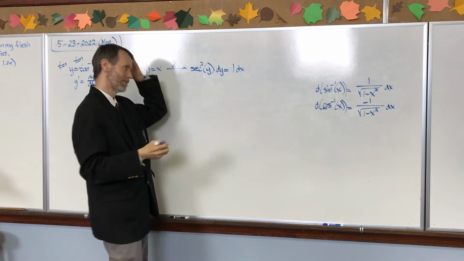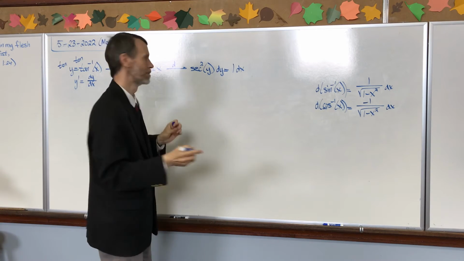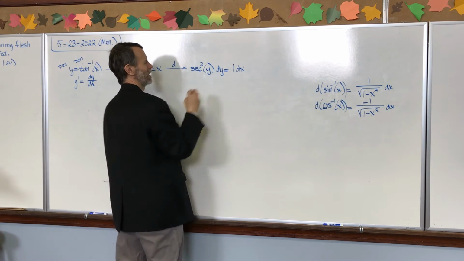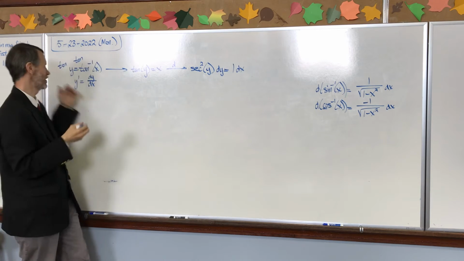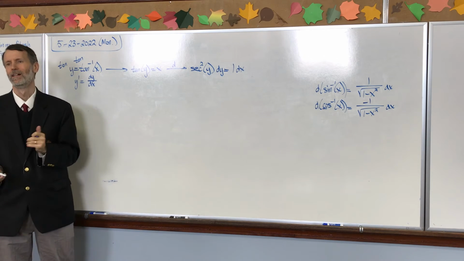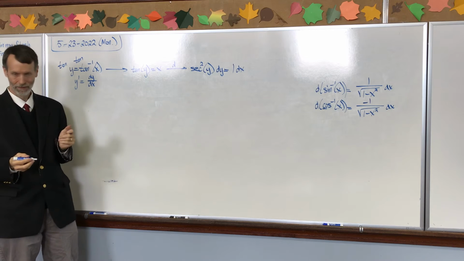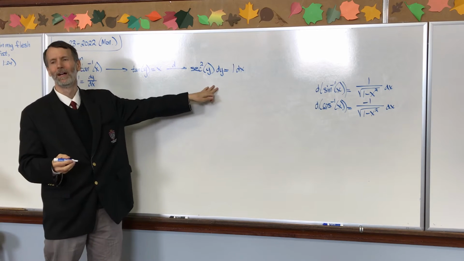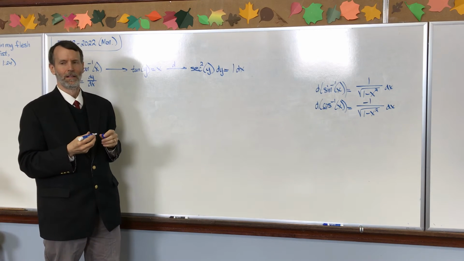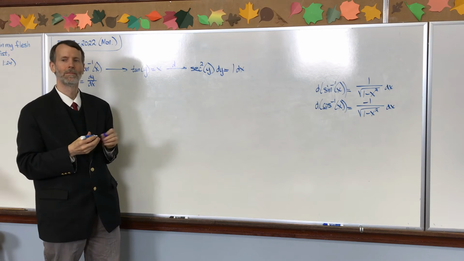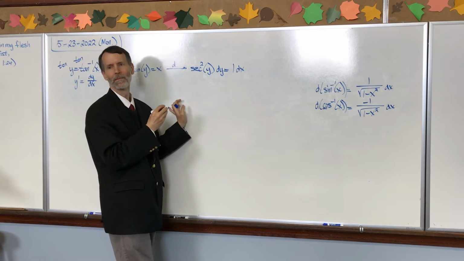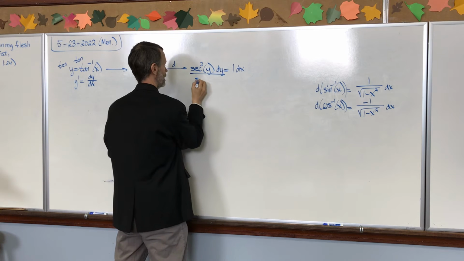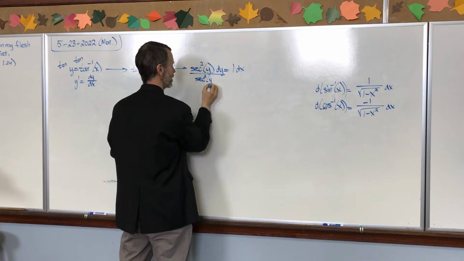So you divide. What do you get by itself first? I just want dy over dx. Just pretend it's an algebra problem. What is the secant squared y? Divide that. Divide both sides by secant squared of y.